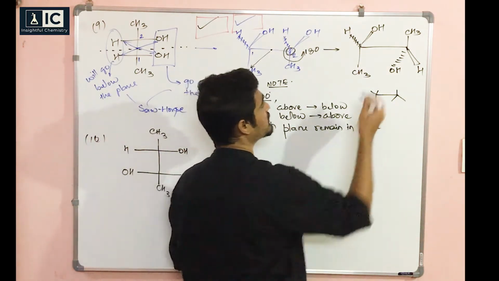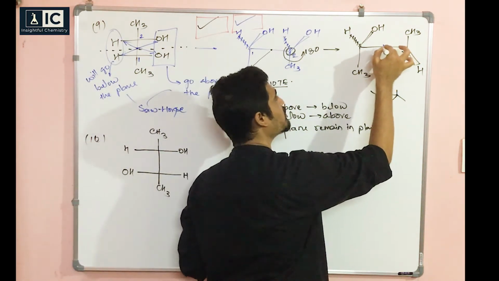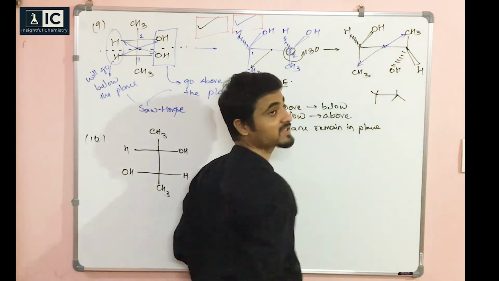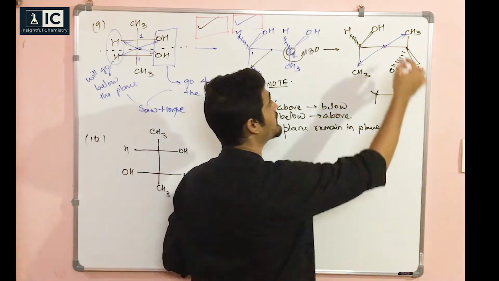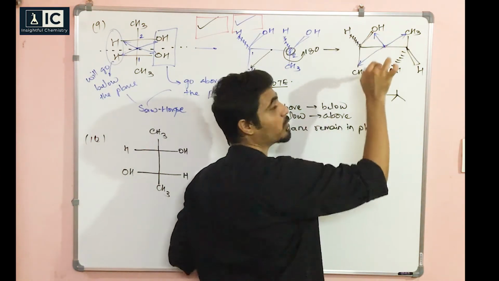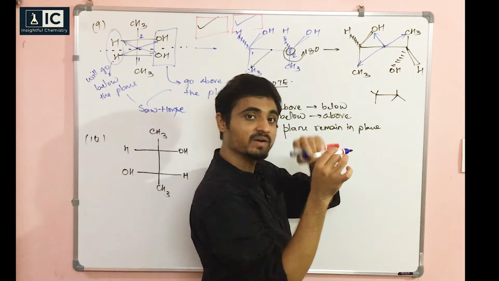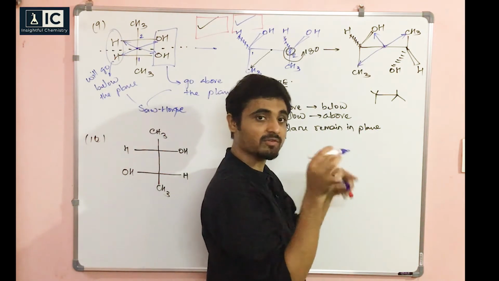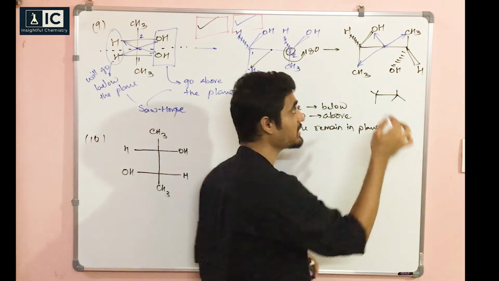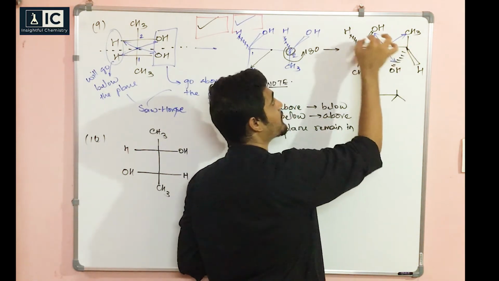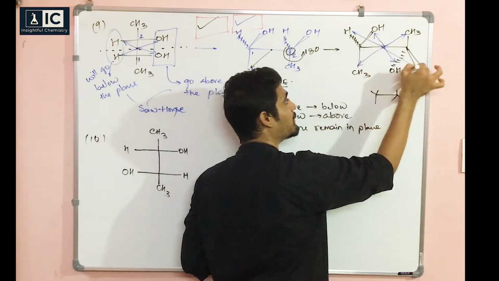Then what are we going to do? Simply check. I am moving in the plane, I get CH3. I go in the plane backwards, I get CH3. I go above the plane, OH. If I am going above the plane, its 180 degree will be opposite, behind the plane. So above and below, below, above.